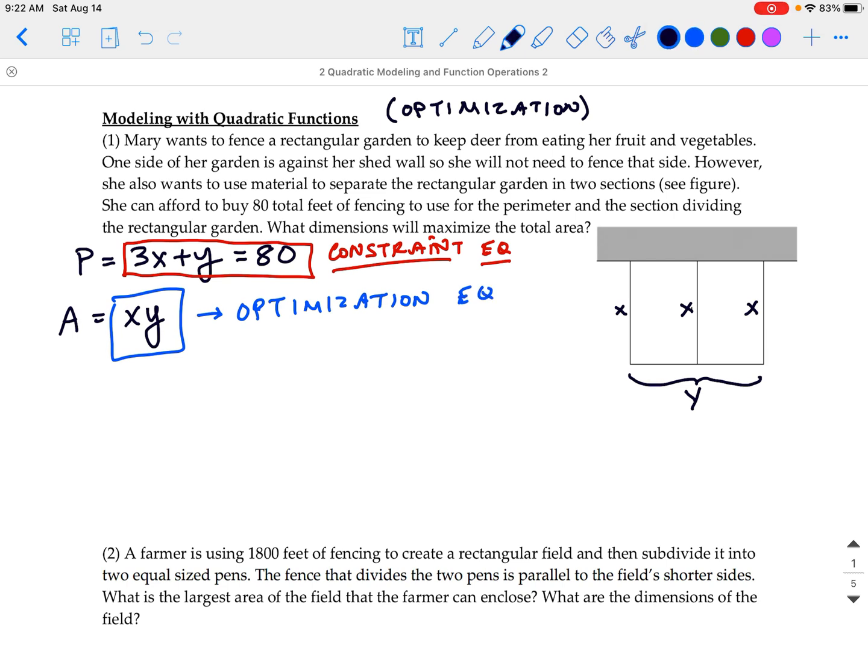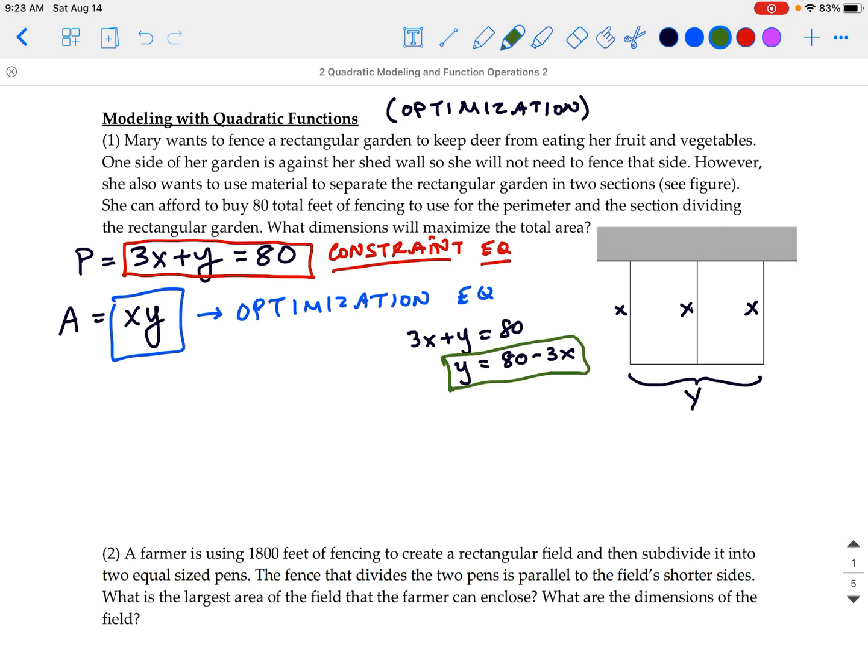So what we're going to do is make this 2-variable area into a 1-variable function. And the way we're going to do that is by manipulating our constraint. So for our constraint equation, if 3x plus y is equal to 80, that means y is equal to 80 minus 3x.